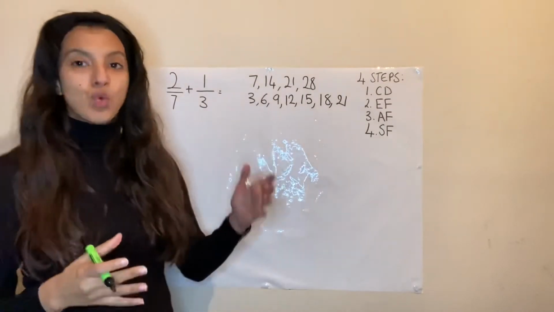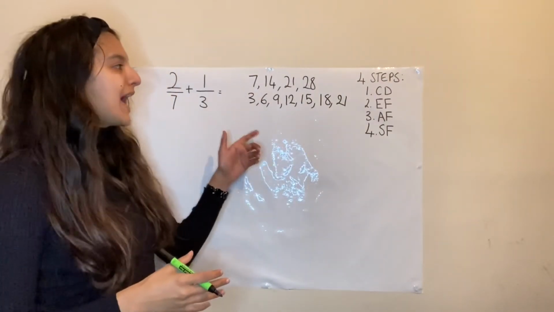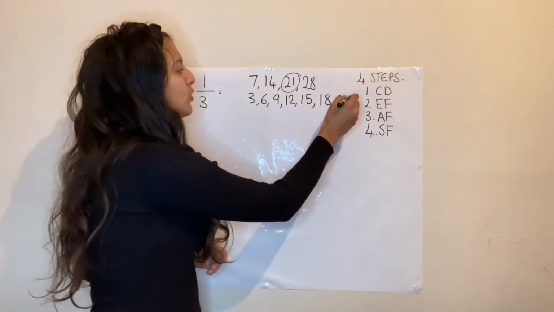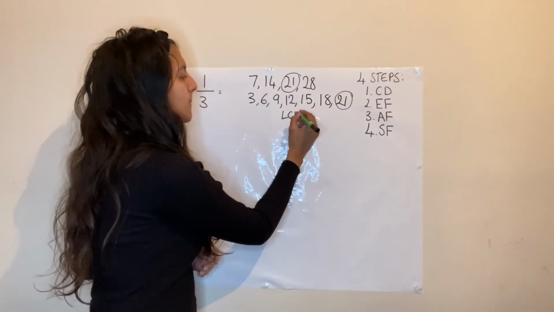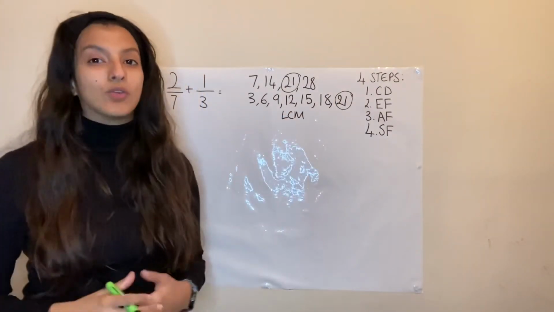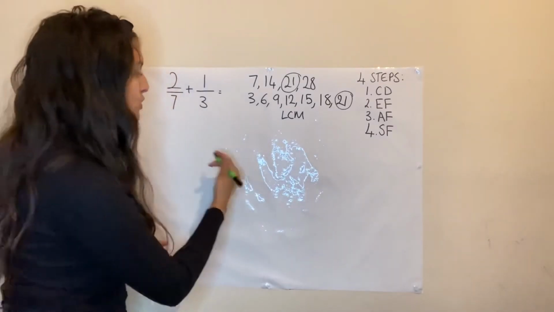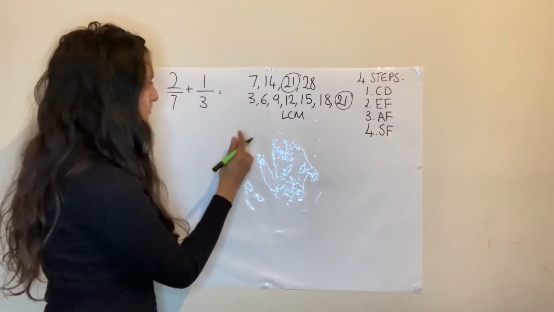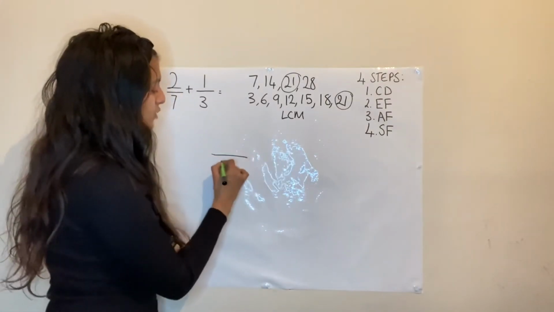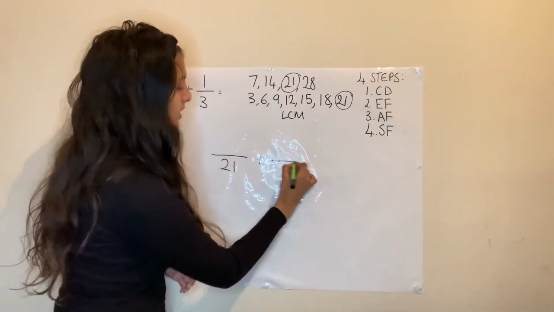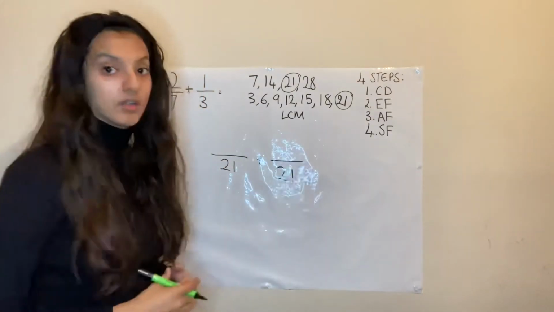Now, because 21 is a multiple of 7 and 3, I now know my lowest common multiple, which means I now know my denominator. So I know my common denominator. So I'm going to write down my common denominator, 21 plus 21.